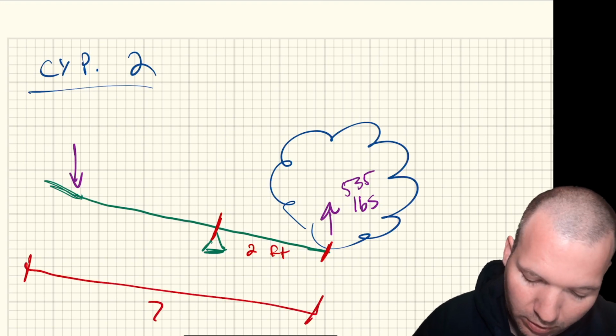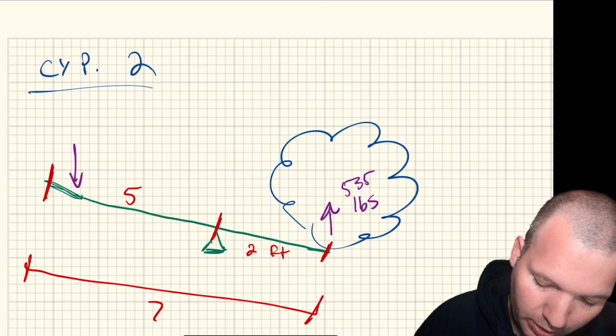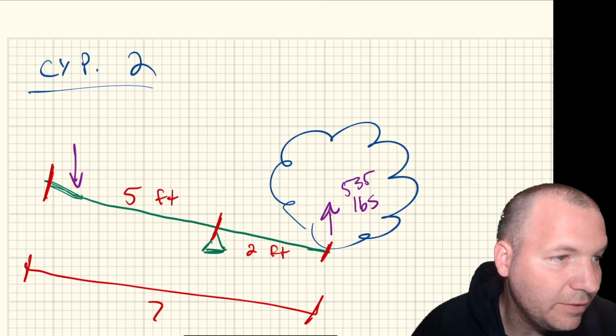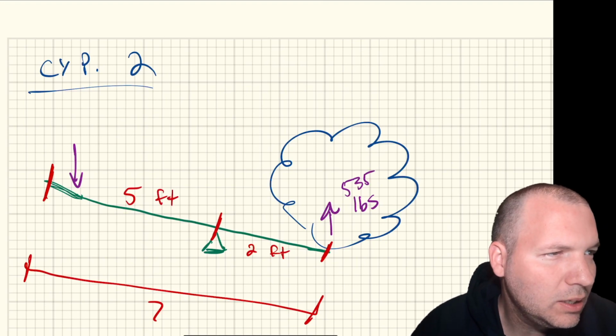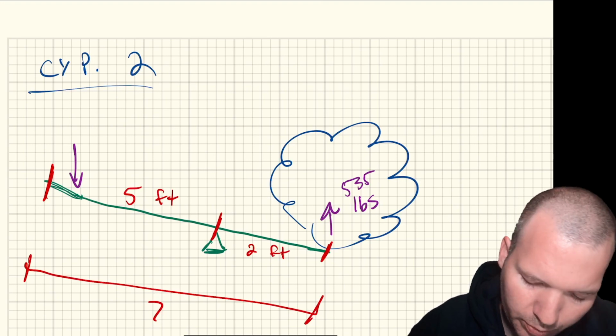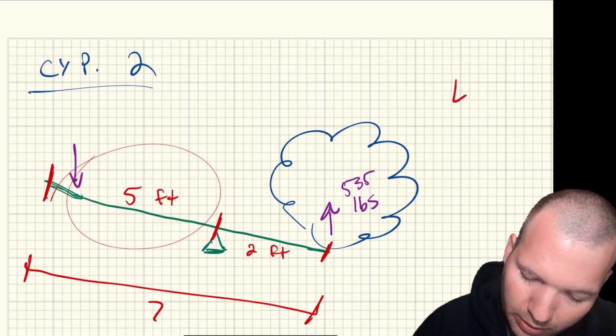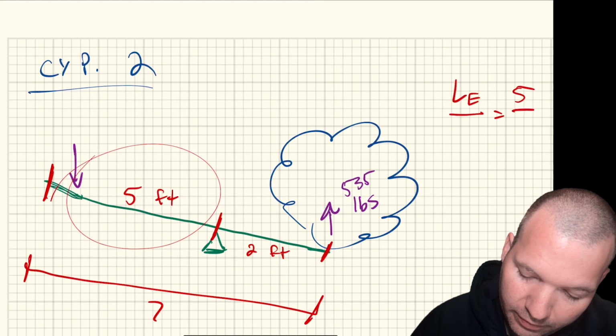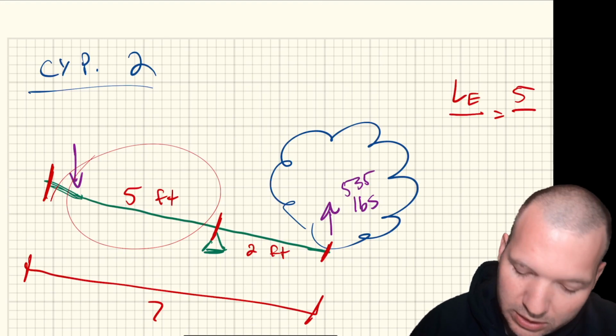So what can we figure out? Well, we can figure out that this part right here must be 5 feet. And it says that our mechanical advantage is the length of the effort arm. That's where we're pushing. So that's this part right here. Length of the effort arm, which is 5, divided by the length of the resistance arm.